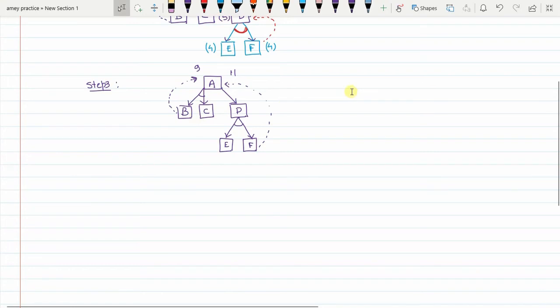So now suppose when B is expanded further, B results into a node say G and another node that is H. Suppose the heuristic value of G happens to be 5 and the heuristic value of H happens to be 7, right? And this is not an end arc, suppose this is an OR arc.